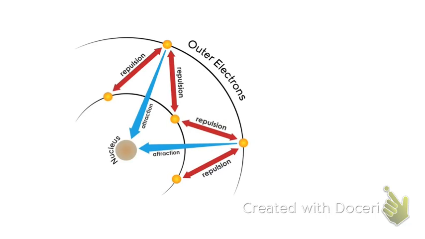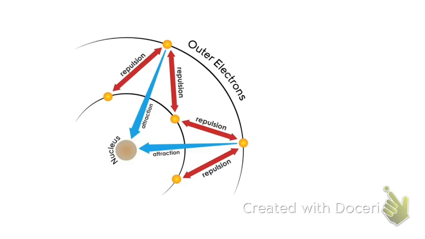Now, where shielding comes into play is, again, the core electrons shield the valence electrons from the nucleus. That means the nucleus has a harder time attracting the valence electrons. They can't hold on to them as tightly.